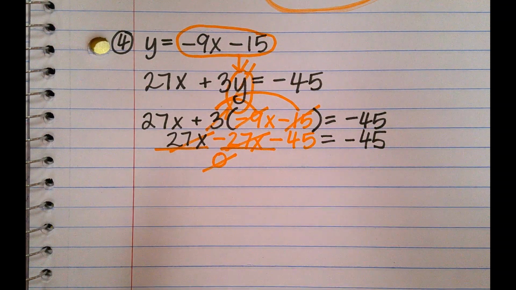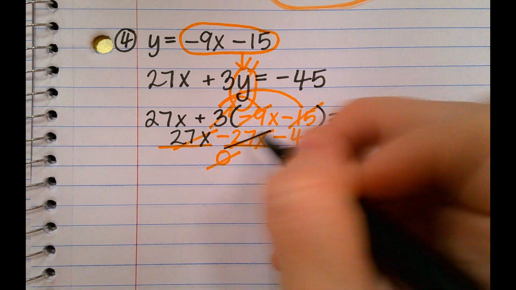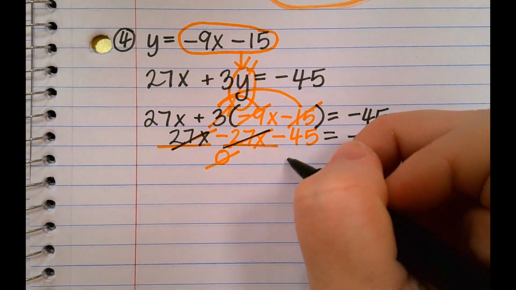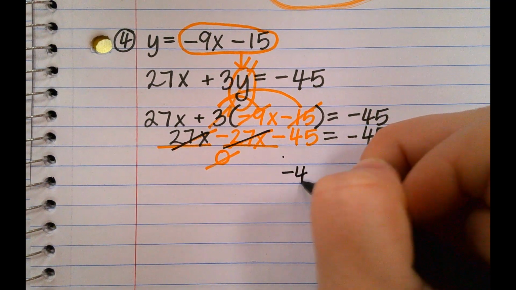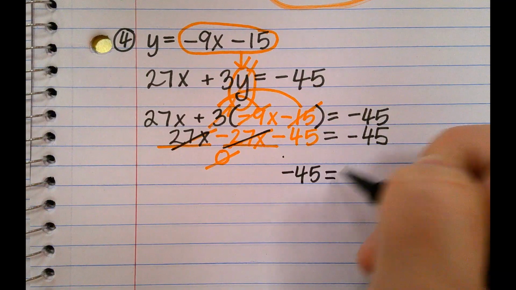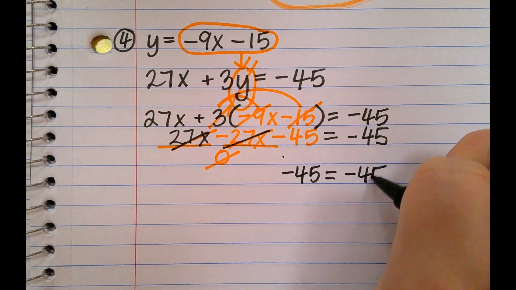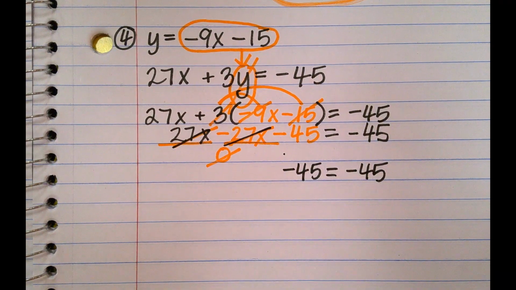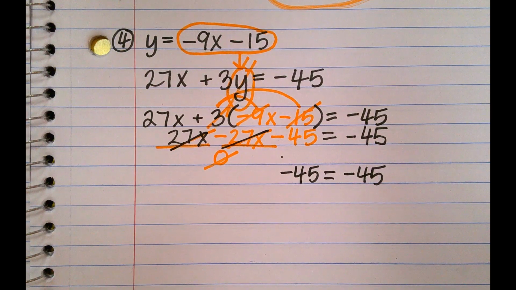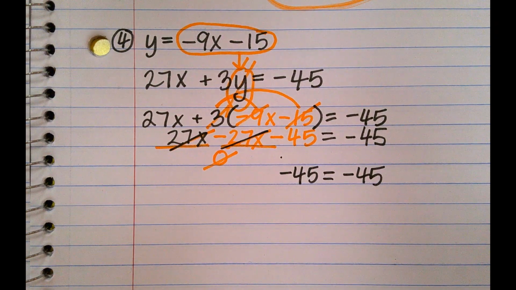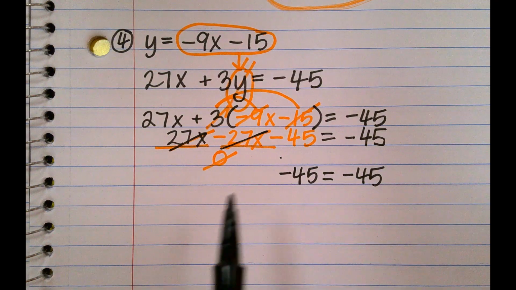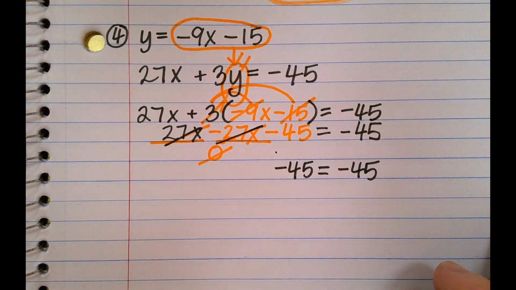Let's bring that down. These are gone. So all we have left is negative 45. Bring it down, equals negative 45. Is this true? Yeah, this is true. Negative 45 is equal to negative 45.